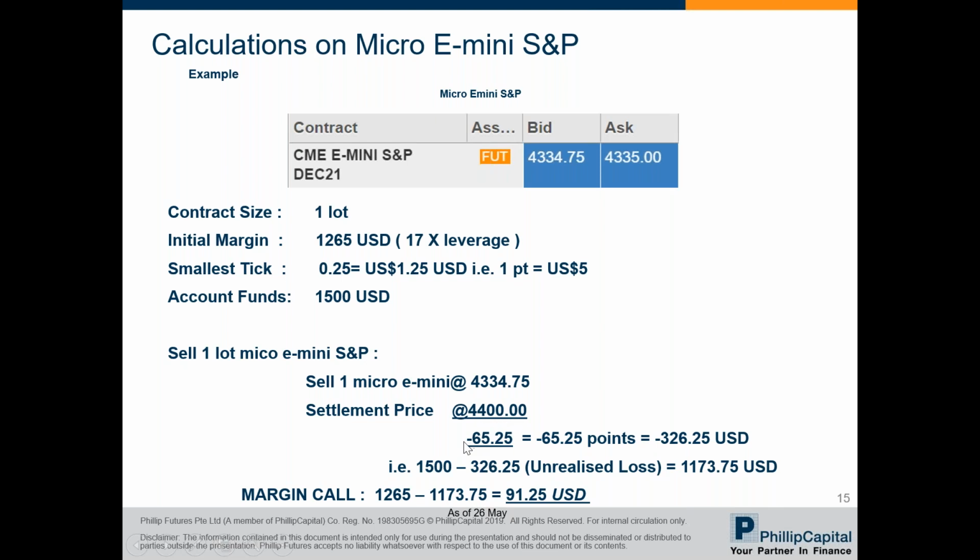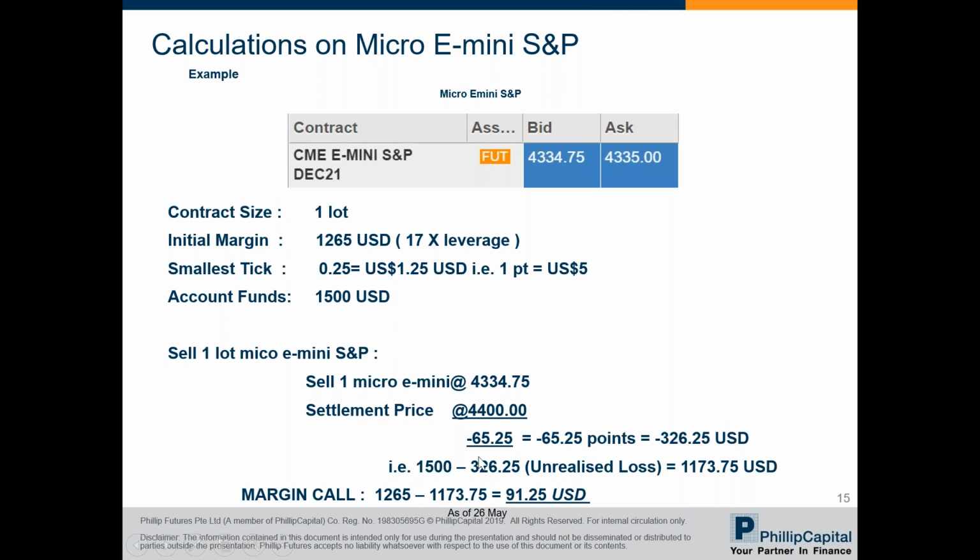As you can see, there is a difference of 65.25 points, and this is a negative difference because you have actually sold the contract instead of buying, and the index has actually risen to 4,400. So you're sitting on a paper loss of 65.25 points of the index, which equals $326.25 US dollars.